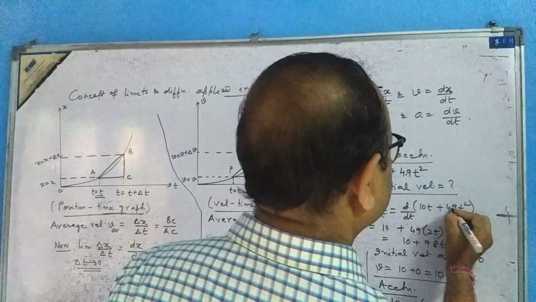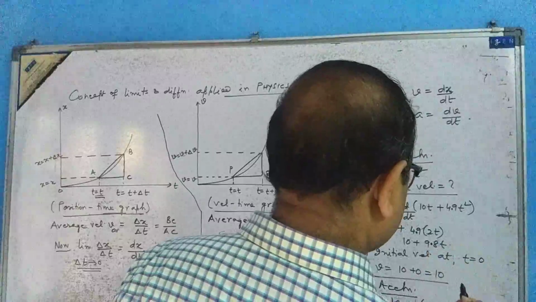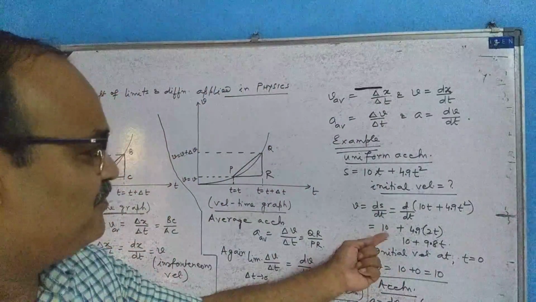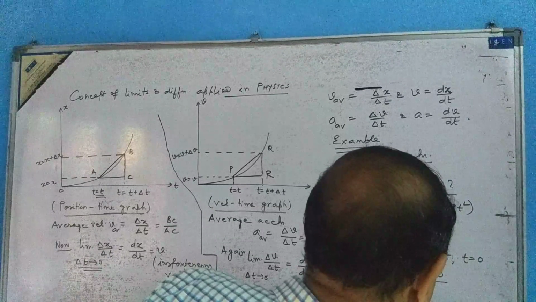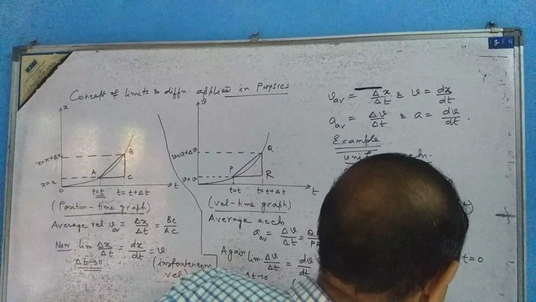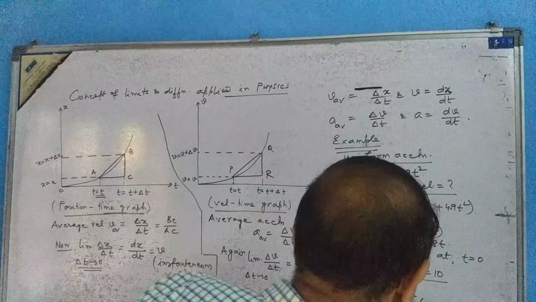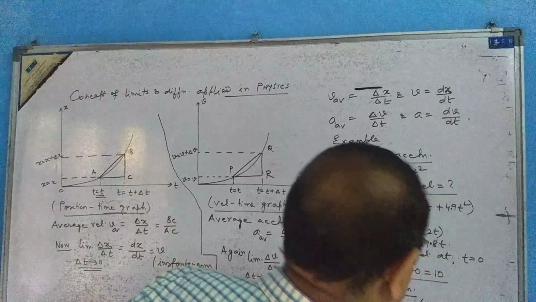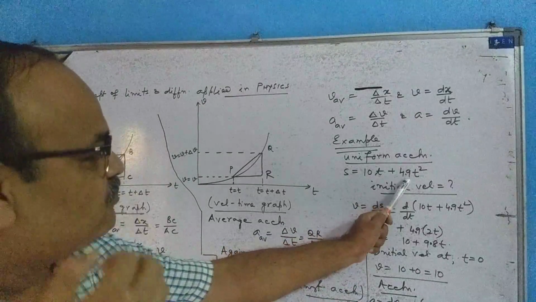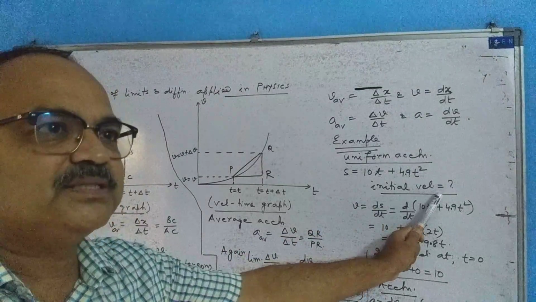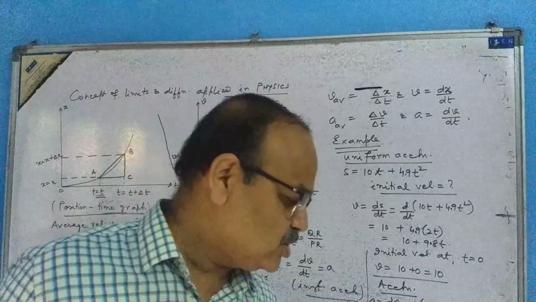It was 4.9 here also, and here it is 9.8. So it is 0 plus 9.8, so it will be simply 9.8. Isn't it? a is equal to 9.8. Please make the correction in the question: 10t plus 4.9t square. What is the initial velocity and what is the acceleration? We have determined both the things.